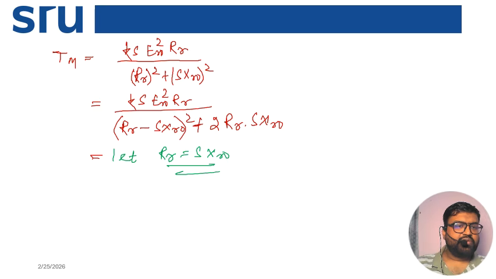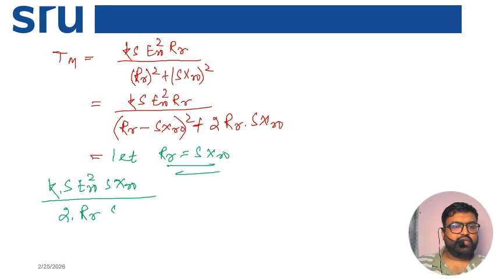Now you just put the same thing in this place. You will get one value: K into S Er0 square, that is S into Xr0, divided by 2 into Rr, S into Xr0. In place of this Rr, put S into Xr0.